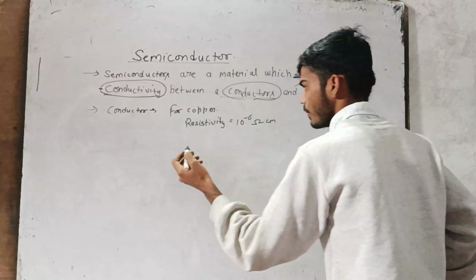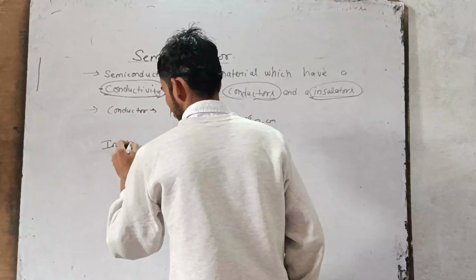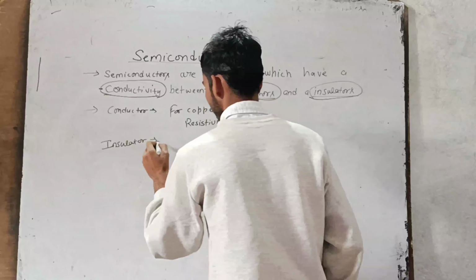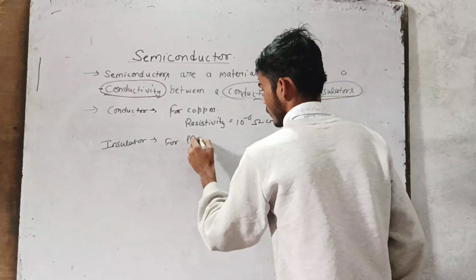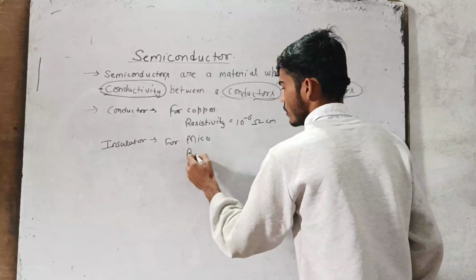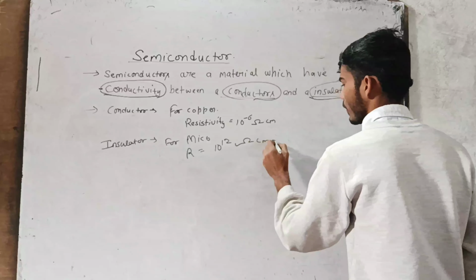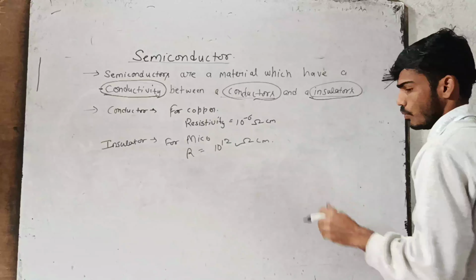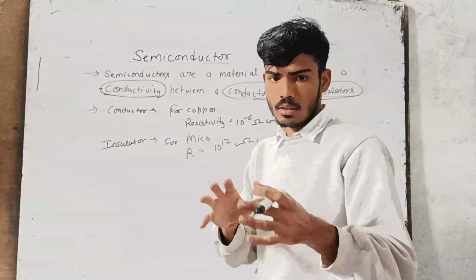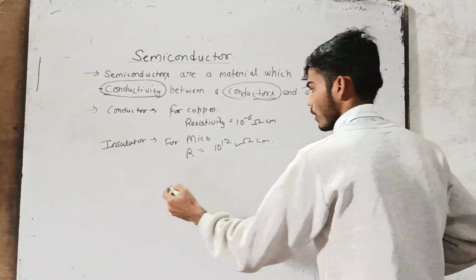For an insulator, for mica, resistivity is 10 to the power 12 ohm centimeter. And the examples of semiconductors, which are mainly silicon and germanium.